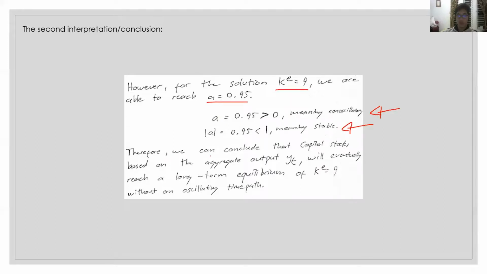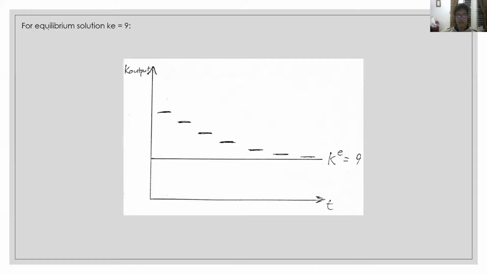So this means we can conclude that capital stock K, based on the aggregate output YT, will eventually reach a long-term equilibrium of Ke equals 9 without an oscillating time pattern. This can be illustrated right here. For equilibrium solution Ke equals 9, every single time, K1, K2, K3, and onwards will keep on trending towards the long-term equilibrium of 9 without oscillating.